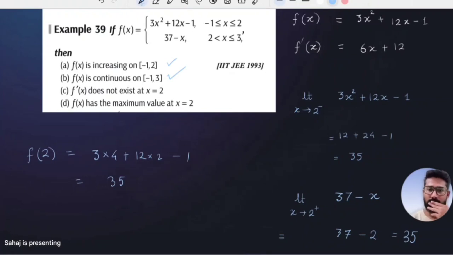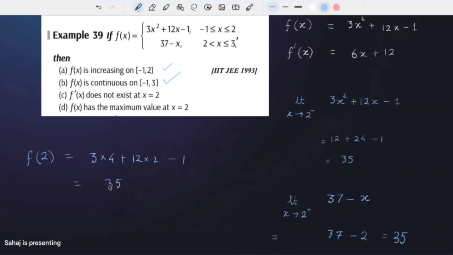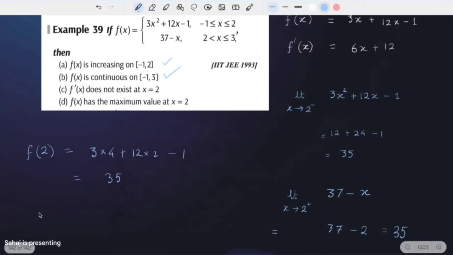So in this you have to take the first equation, 3x square plus 12x minus 1, because x equals 2 satisfies this condition. Left hand derivative: we apply the limit x tends to 2 minus of f prime of x.